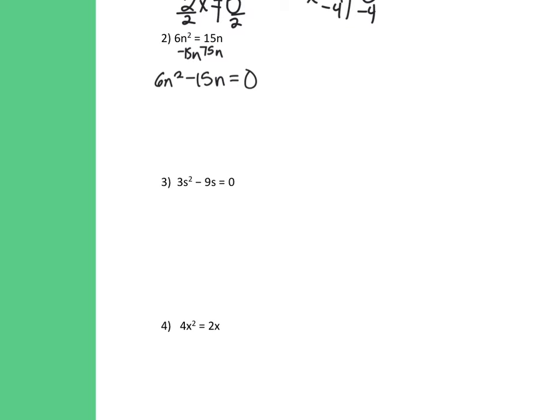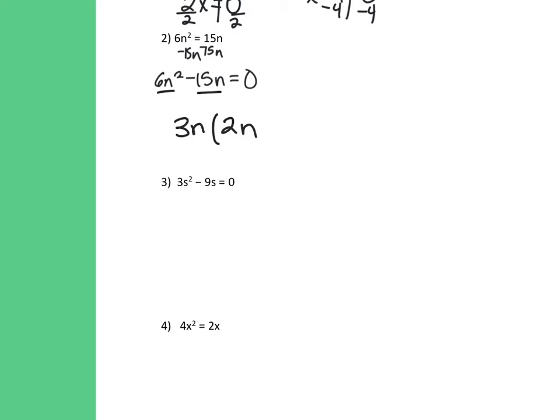Looking at 6n squared and negative 15n, what do they both have? Sean, help me out. Yep, what do 6n squared and negative 15n have in common? 3n, perfect. And when I take out a 3n, 6n squared divided by 3n is? 2n.